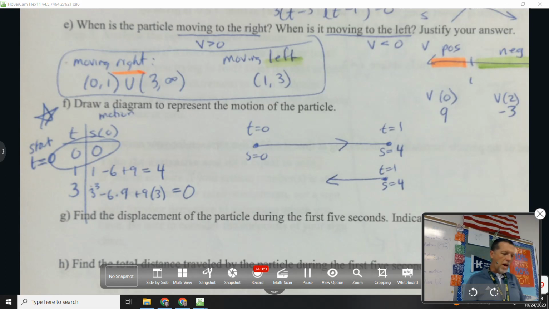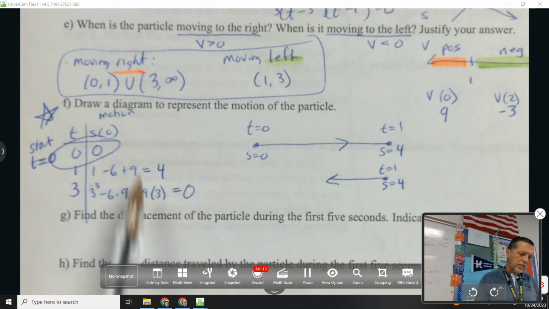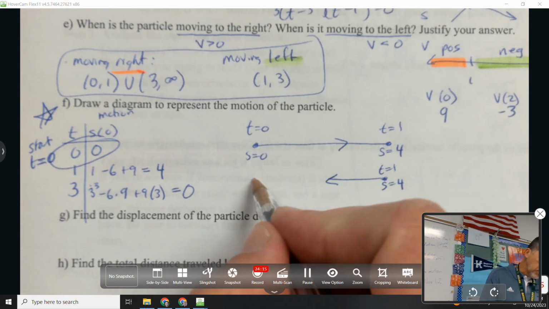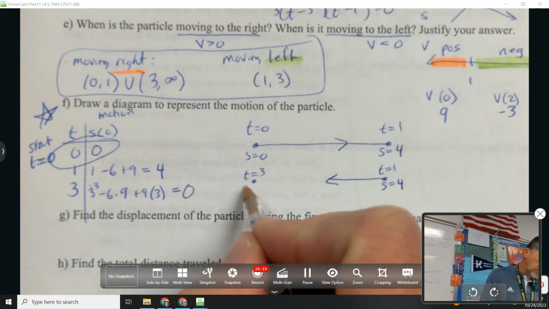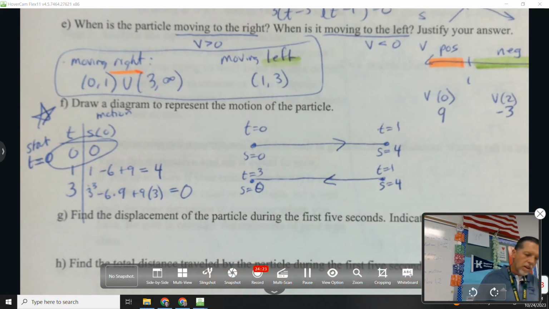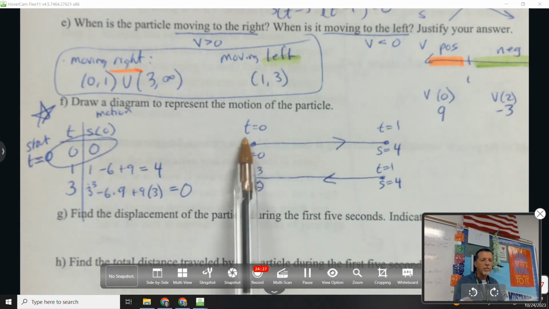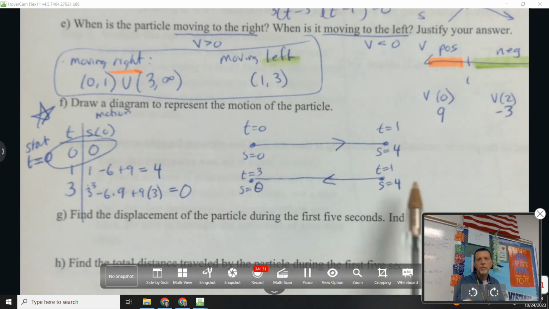And we're going backwards till t equals 3, and that happens at s equals 0, so we're right back to where we started. T equals 3, s equals 0. So we moved right from 0 to 1, we moved left from 1 to 3, and went from 4 to 0.